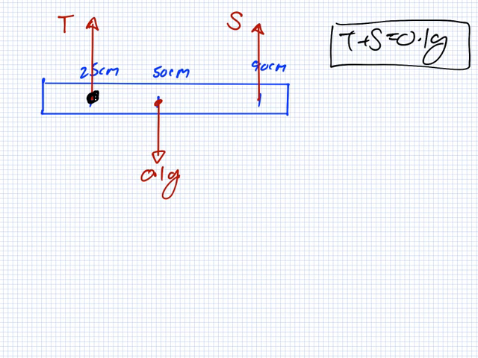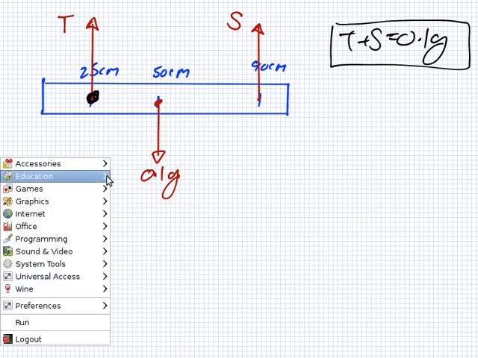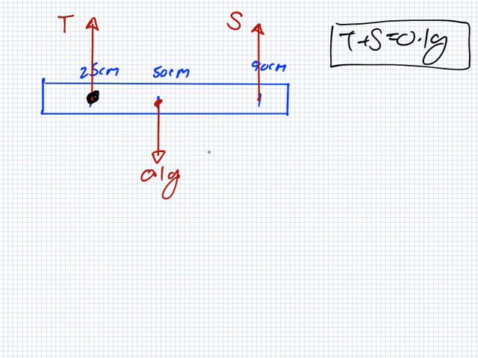Let me just open up the calculator here as well. Right, this force here, clockwise or anti-clockwise compared to here? Clockwise. And this one? Anti-clockwise. So, yeah, because it's making it turn that way. Right, so what is this turning force here?